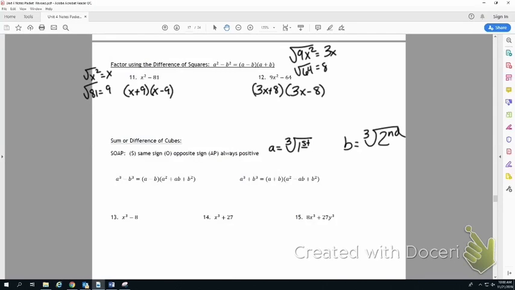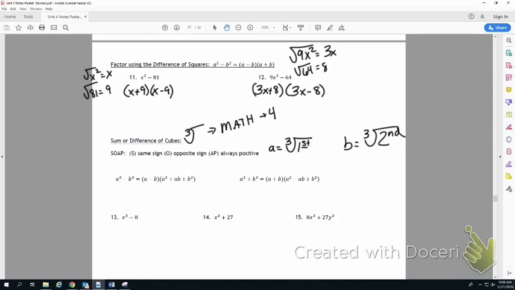Very similar to the perfect squares. It's just now you're cube rooting it instead of square rooting it. To cube root in the calculator, that is going to be math 4. Once you have the A and the B, then you just fill in this pattern: A B, A squared, A B, B squared.